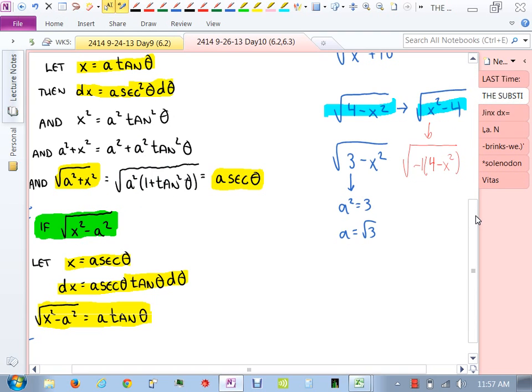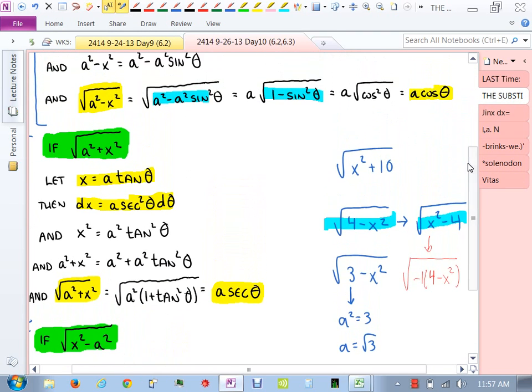This is why that first note was so important. I said if you have this form, a squared plus x squared, you'll always have this substitution. Your dx will always be that, and this square root will always turn into a secant theta. You don't have to go through all the work. The yellows are guaranteed every time if that's your original problem. You just need to know the correct substitution. Everything else, you either memorize it or you create it yourself.